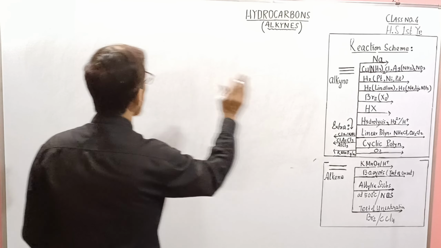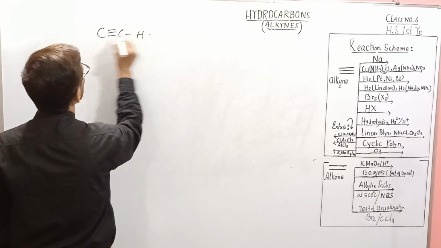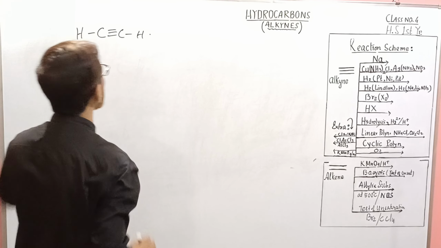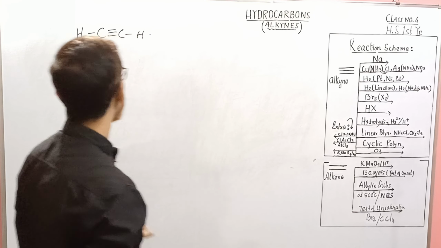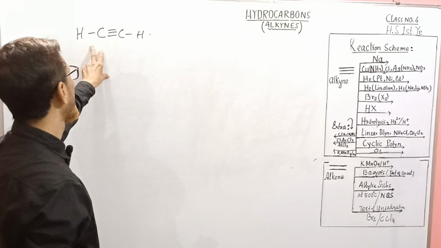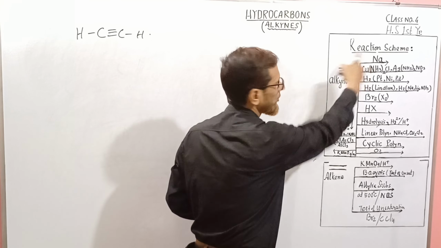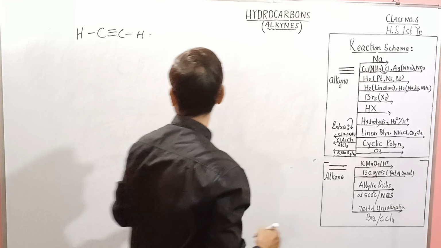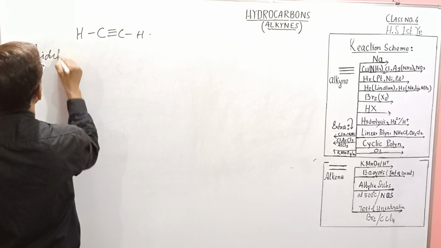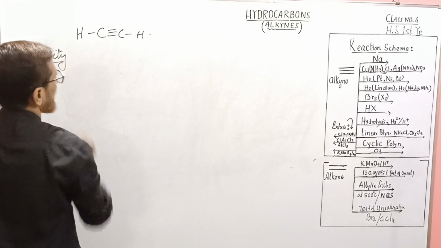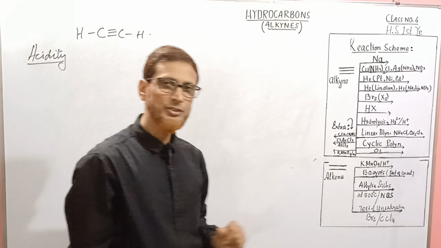I will take the first member of the alkyne series, CnH2n-2. This is acetylene, and the first reaction is with sodium. Before going to sodium, let me explain acidity.